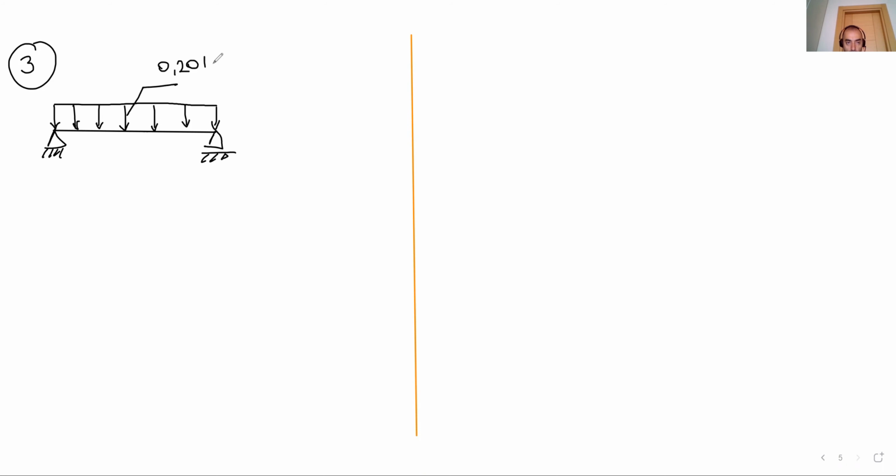Question 3. Here we have a simple beam again. Okay, this is the 20 ton meter.